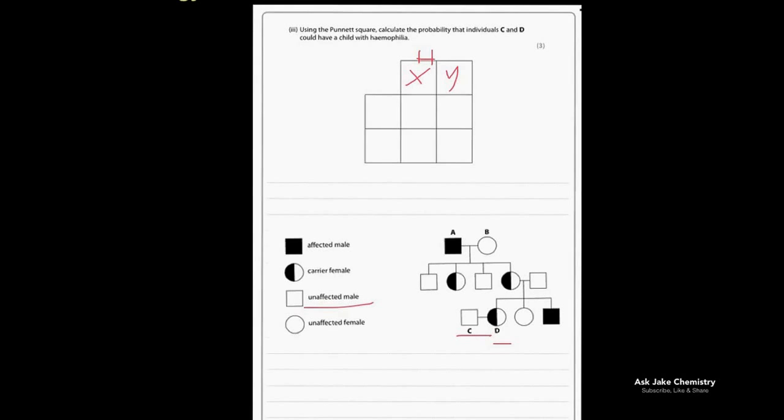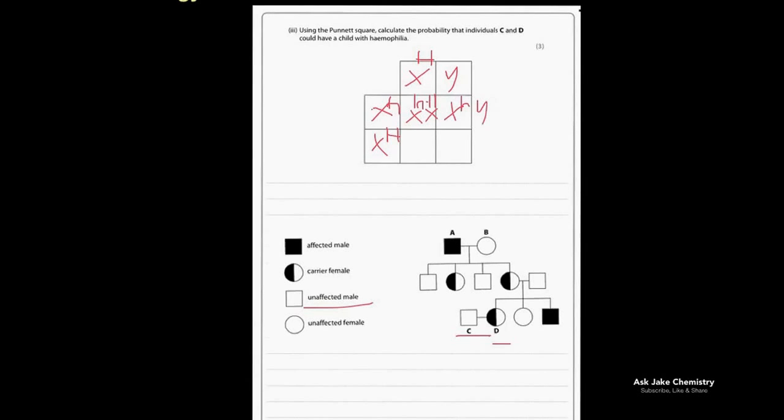So they do have one X with a small h, and then they have a normal one too. So we just do this, and this will be X, H, so we have two X's, one small, one big. Sorry, there's no space here. And that gives you the answer.